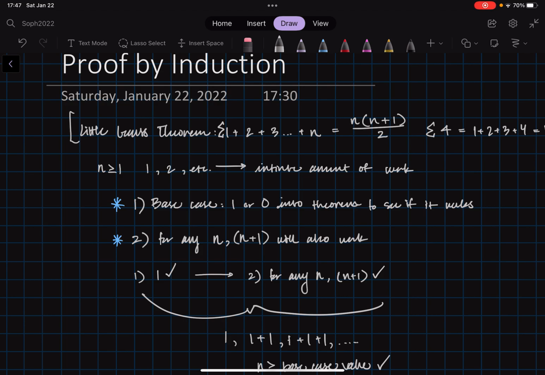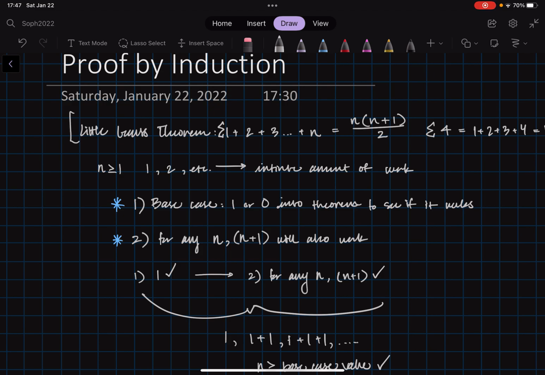Proof by induction does not work by proving every single individual case. Proof by induction works by proving one case, known as the base case. Usually we plug in 1 or 0 into the theorem to see if it works. And then it proves that for any generic number n, of which 1 or 0 is a part of, n plus 1, the next number, will also work.